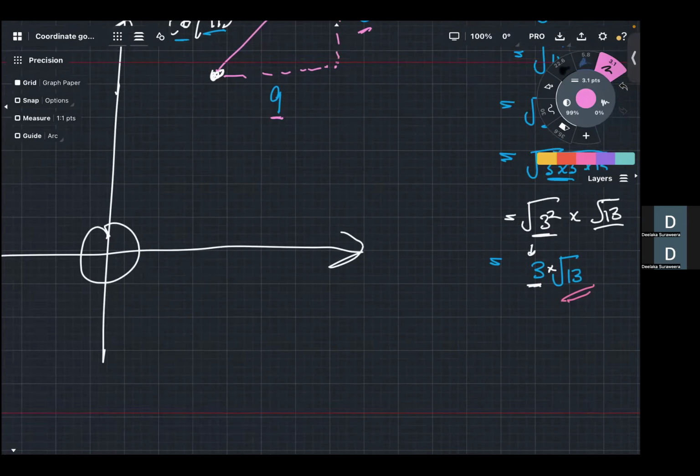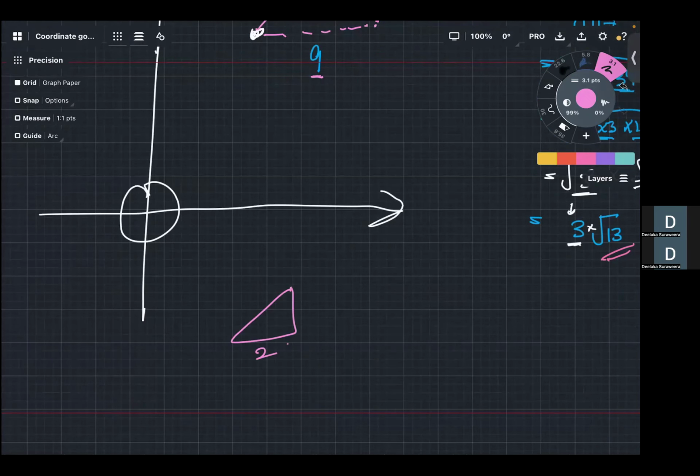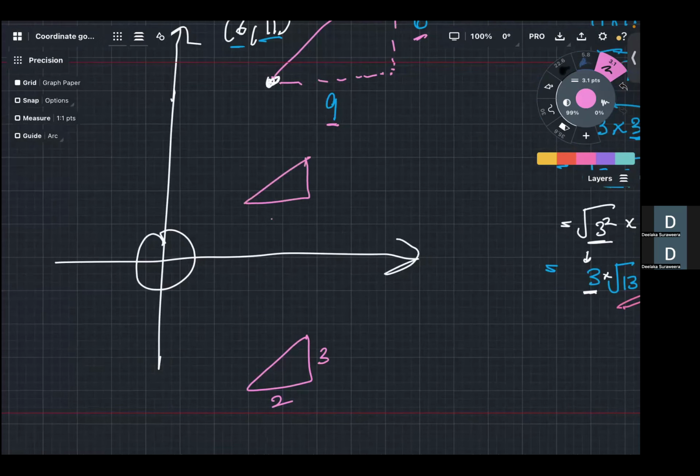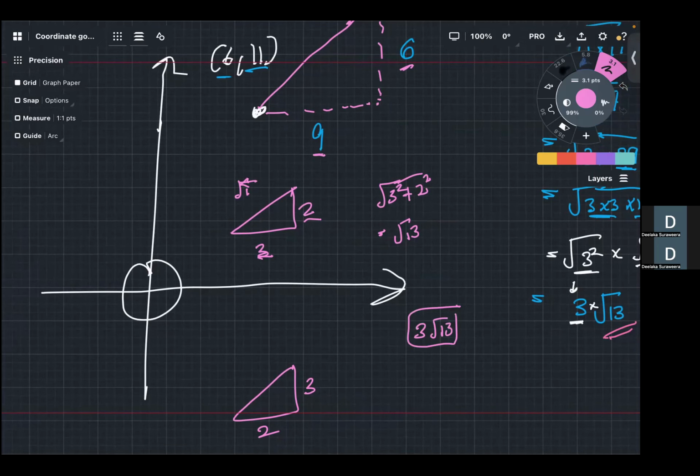So notice it's just a scaled up version of the 3, 2 right triangle. You simply divide by the common factor. Then you use Pythagoras to find the unknown side here. Just root 13, but then this is 3 times as long. Just 3 root 13. You can do that if you want.